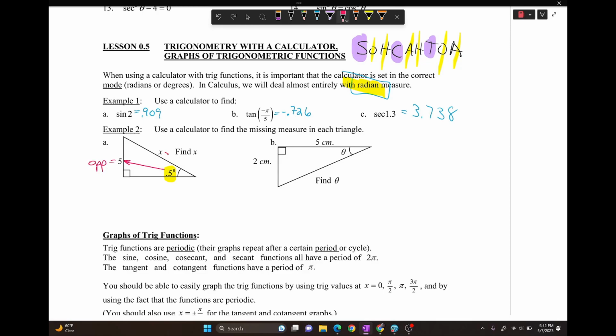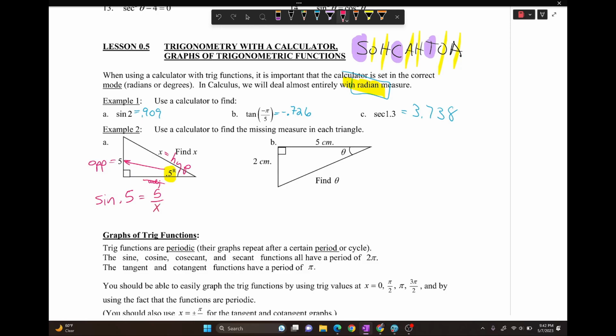And this side looks like the hypotenuse, and so I'm going to assume that they're drawing it correctly. And this side would be the adjacent side, which is not a side that I know anything about or that I care about. So OH means I'm in the land of sine, and I want to say that sine of 0.5 equals opposite over hypotenuse, 5 over x.